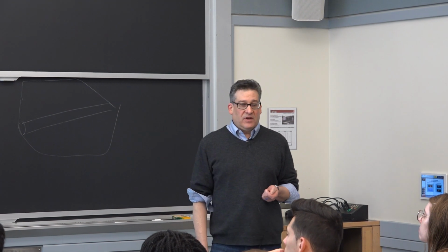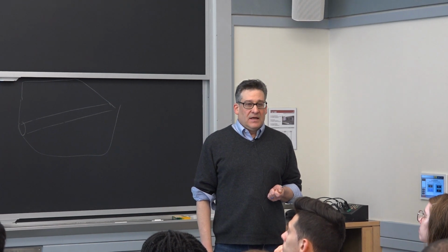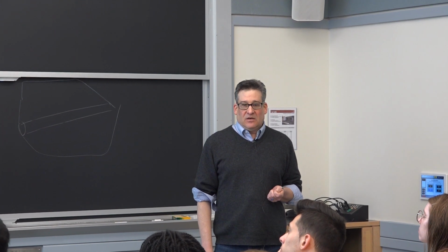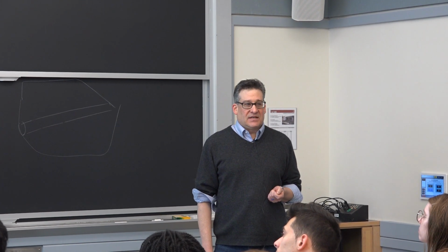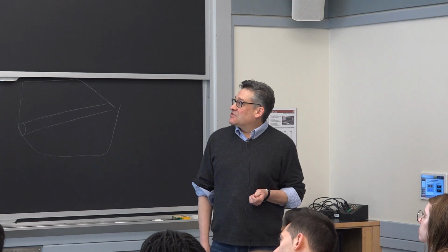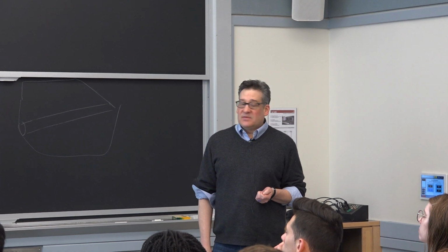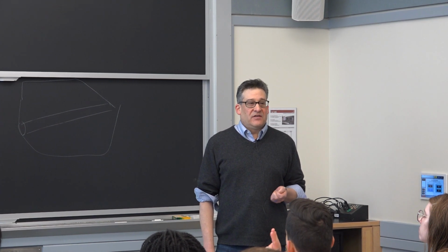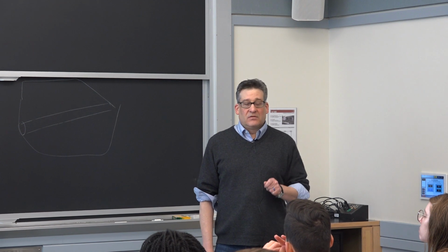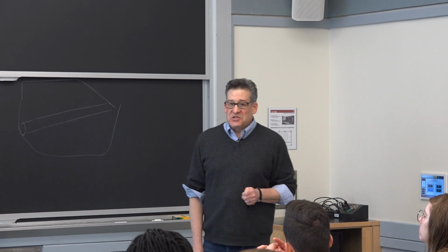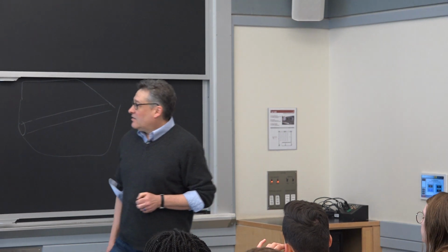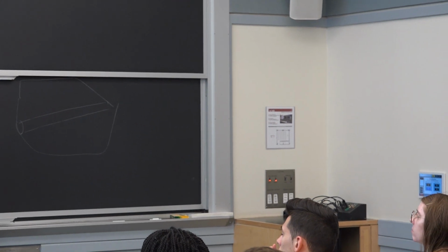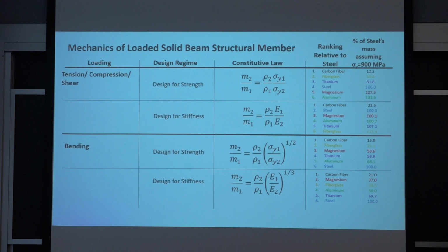So this is another place where things are very variable, right? Because it's not impossible to get steel with a yield strength that's above 1 gigapascal. And once you're at that strength level, you can beat out magnesium and aluminum very easily in a design for tensile strength. The world changes very much, though, when you go to bending. And this ratio of yield strengths is to the square root power there.